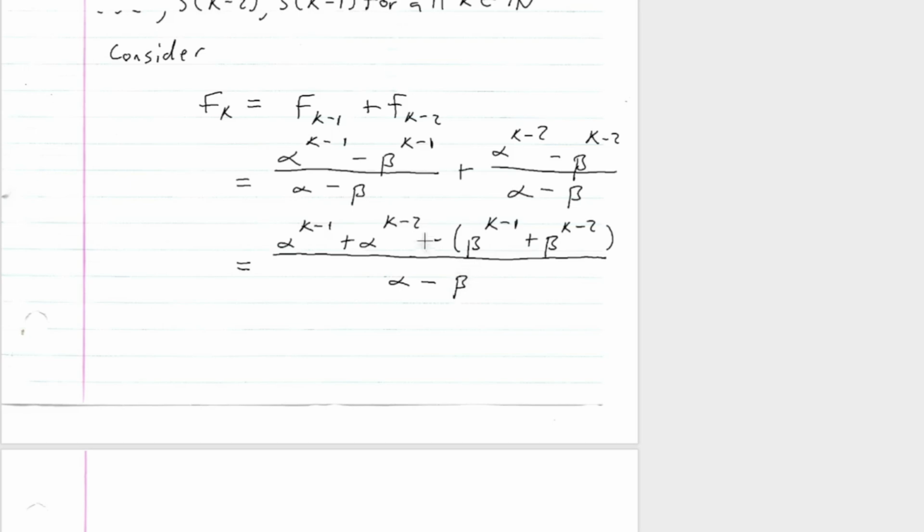So remember, I want to prove that the kth Fibonacci number is equal to alpha to the k minus beta to the k, right? So I can actually get those out of this. So I know this is equal to alpha to the k. So alpha to the k times what gives me alpha to the k minus 1? Well, that would just be alpha to the negative 1, right?